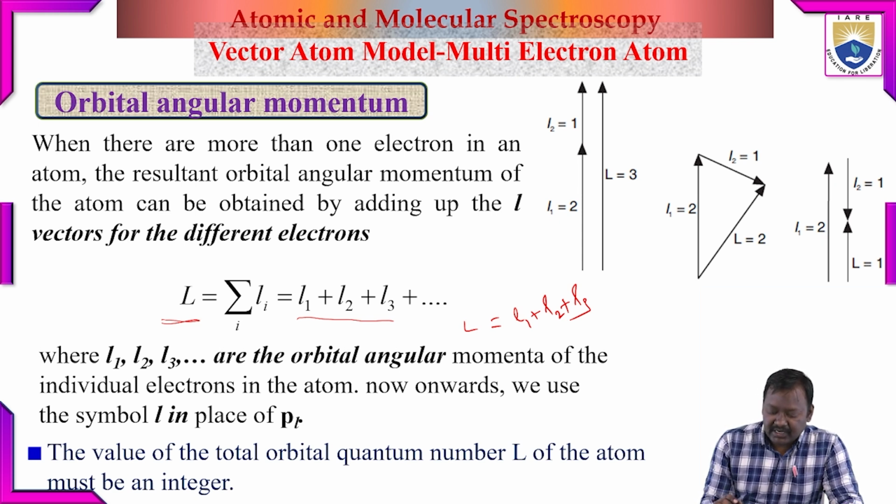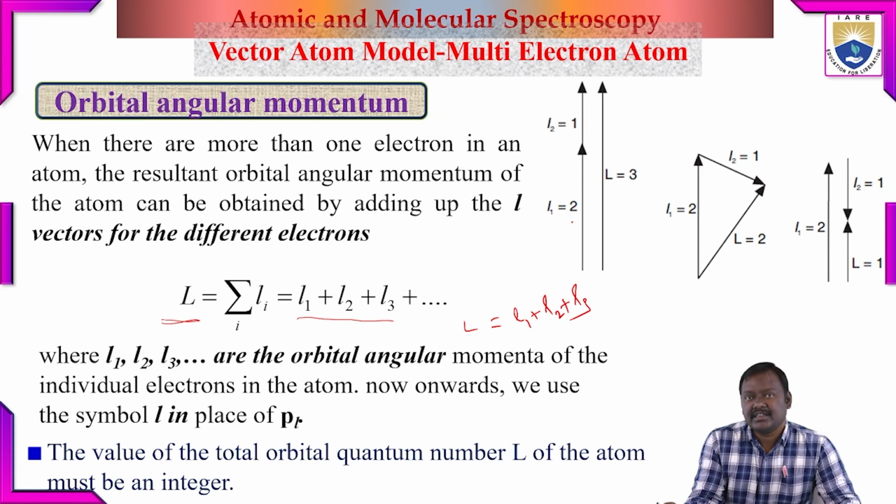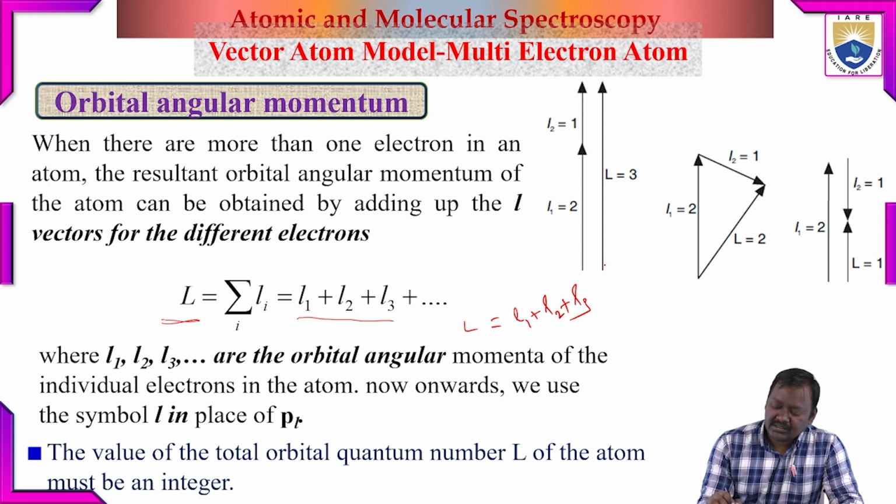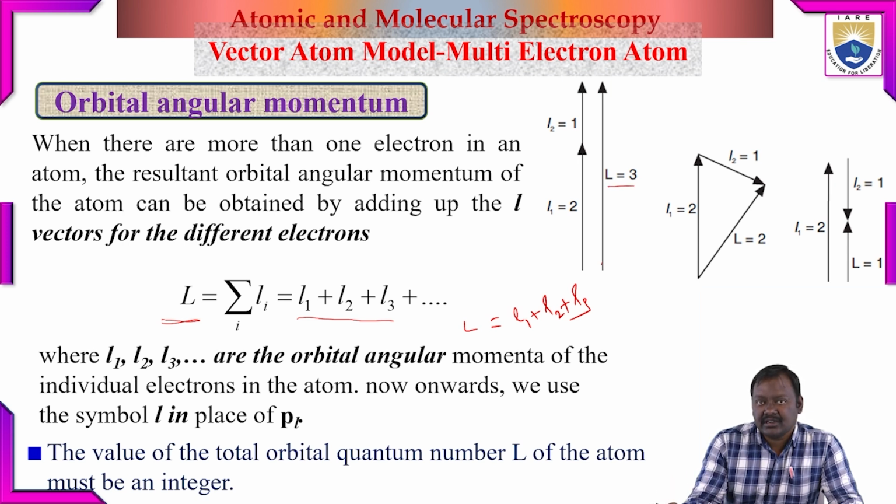Let us consider only two electrons. Generally, the length of the vector indicates its magnitude. If L1 equals 2 and L2 equals 1, and these orbital angular momenta are oriented in the same direction, then adding these two vectors gives the resultant orbital angular momentum, and the total is equal to 3.